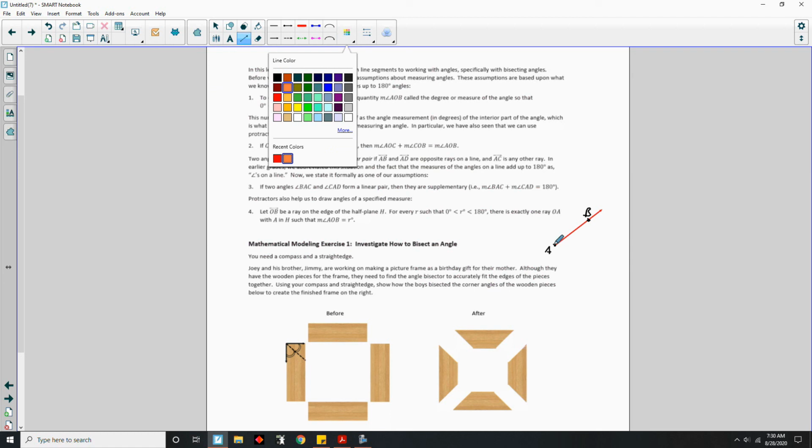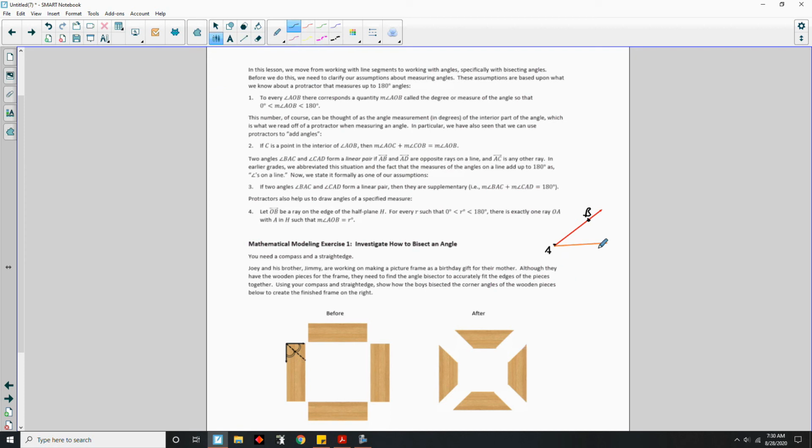How about orange? From A over here, doesn't matter what the measure is, and then I put points on that, and this is a C. Okay, so I have ray AB, I have ray AC. So if two angles, BAC and angle CAD, form a linear pair.